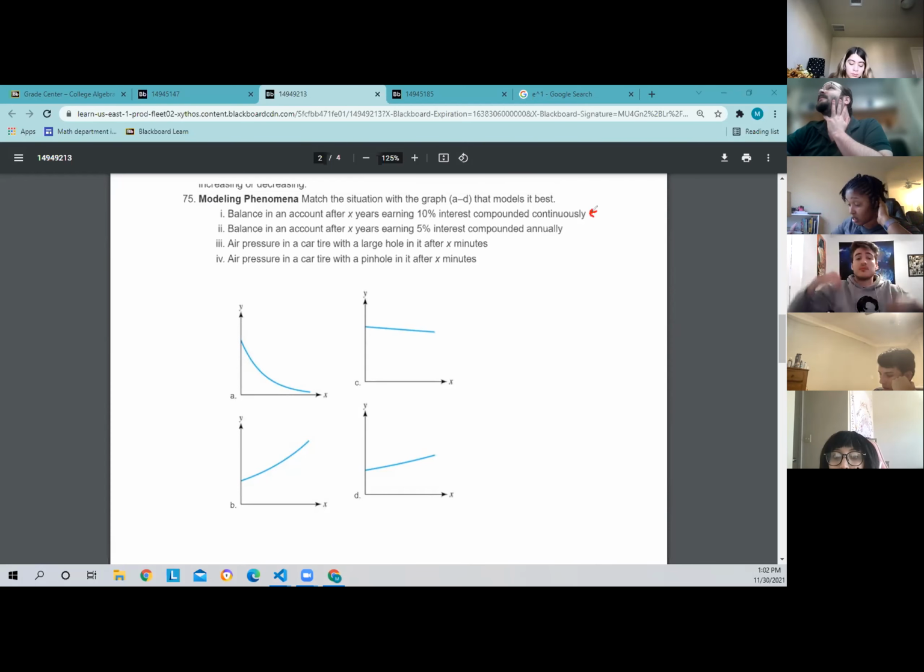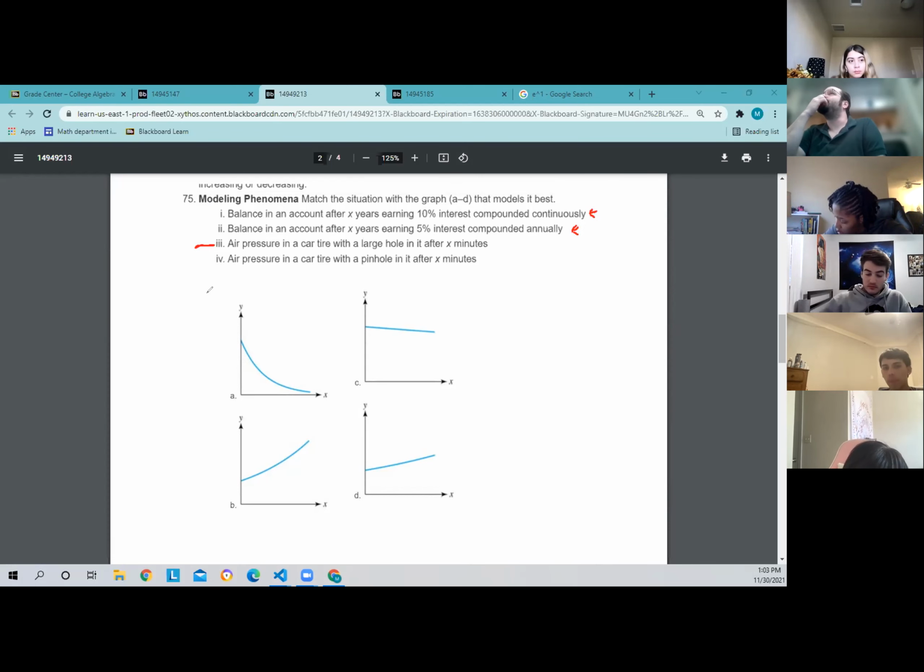Compounded continuously. This is compounded annually. A large hole after, yeah, because those would be going down. Four BC, I think they're saying this.